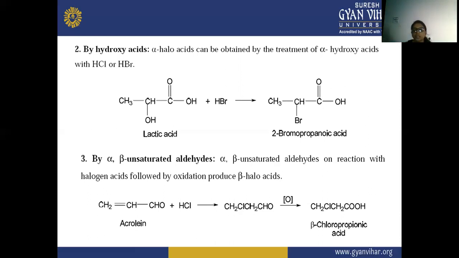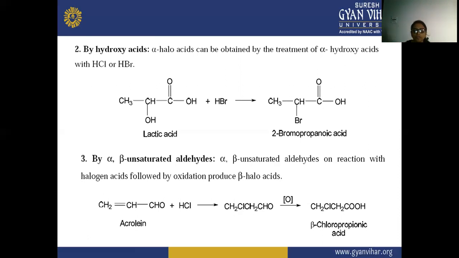So here, from this alpha hydroxy acid, we can also prepare this alpha halo acid. When lactic acid is treated with HCl or HBr, then 2-bromopropanoic acid or 2-chloropropanoic acid is formed here.